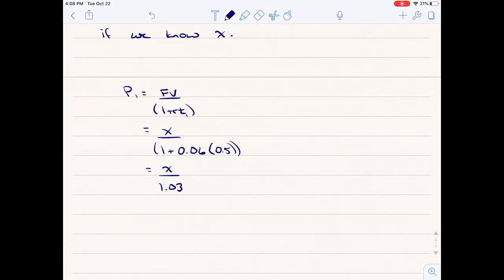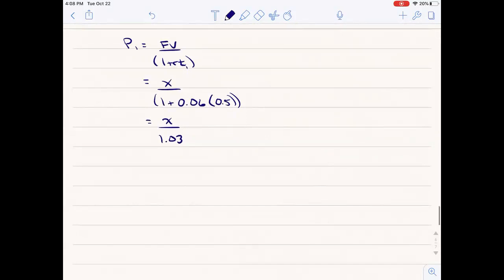I could leave it like this, but thinking about X over 1.03 is not as easy as thinking about something like 2X, for example. And so what I want to do is change the 1 over 1.03 into just one number. What I can do is technically a multiplied fraction, so I can unmultiply them, I guess. I can pull them apart and rewrite this as 1 over 1.03 times X over 1.